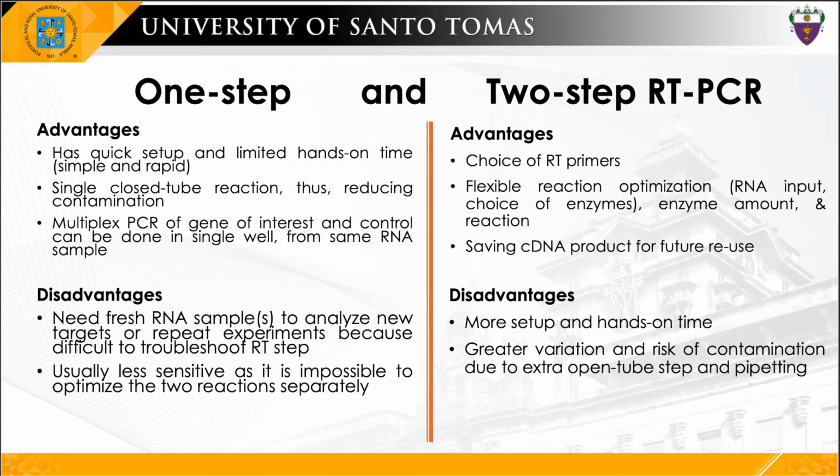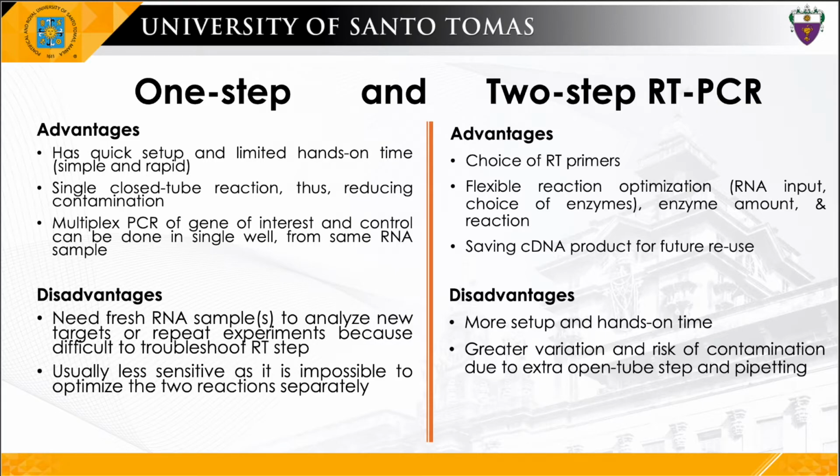However, again, the limitation is that it only uses one sequence-specific primer, and it needs fresh RNA samples to analyze true targets or repeat experiments, because it's very difficult to troubleshoot the one-step RT reaction.